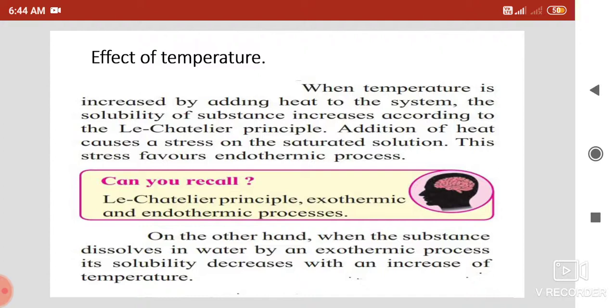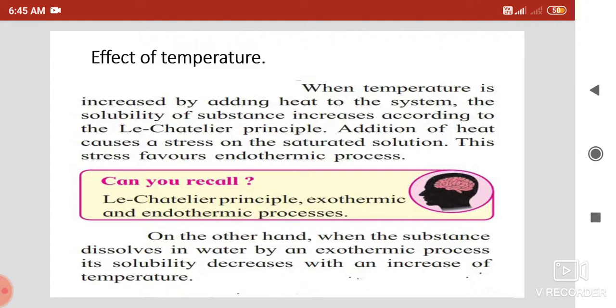Whenever the process is endothermic, we are giving heat to the system. At that time, it creates stress on the saturated solution, and that increases the solubility of the salt. On the other hand, when a substance dissolves in water by an exothermic process, its solubility decreases with increasing temperature.